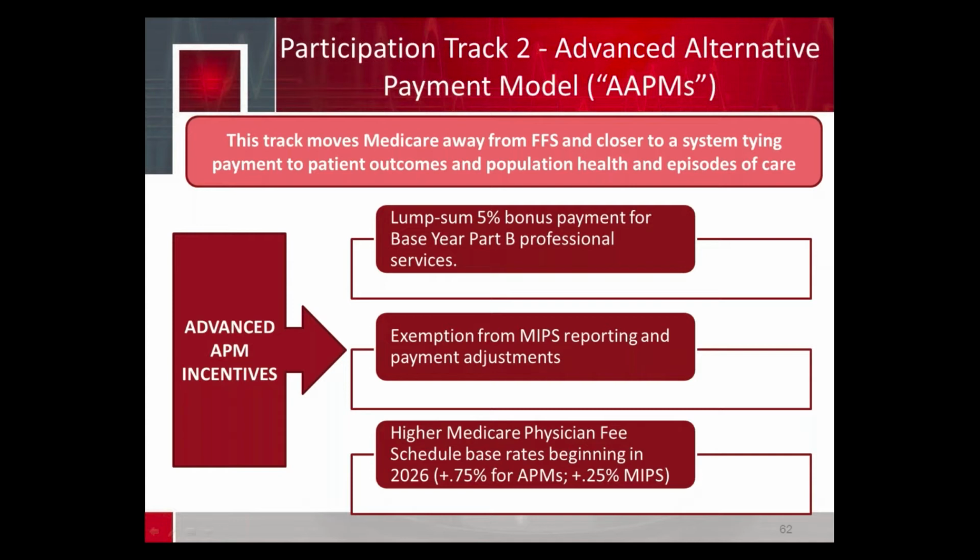And starting in 2026, if you're participating in an advanced payment model, your base rate goes up by a higher percentage. So 0.75% in 2026 for clinicians participating in APMs, and only 0.25%, excuse me, if you're participating in MIPS. So there's a good amount of upside to participate.